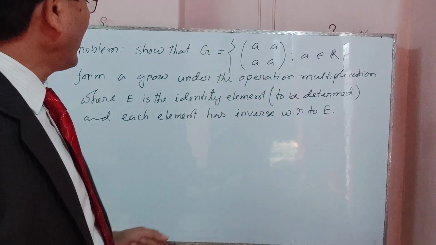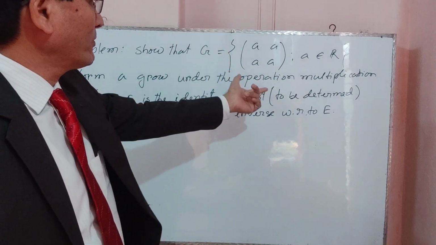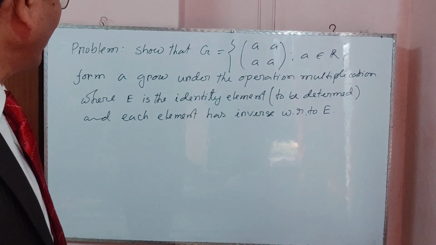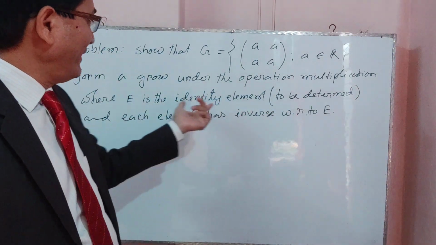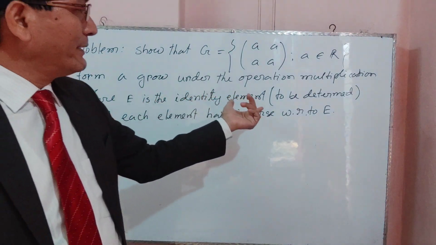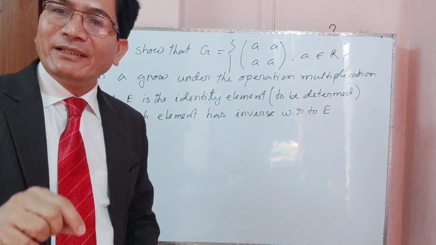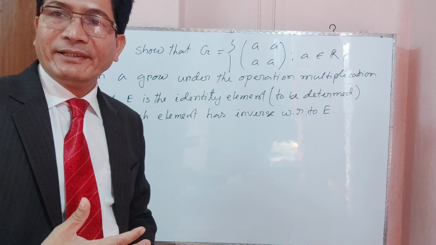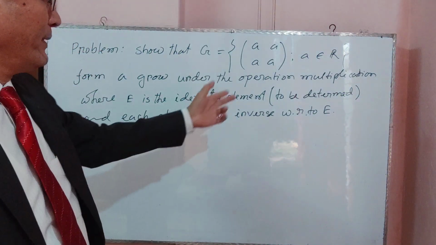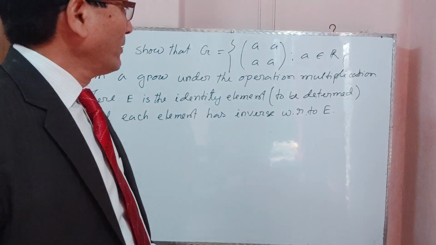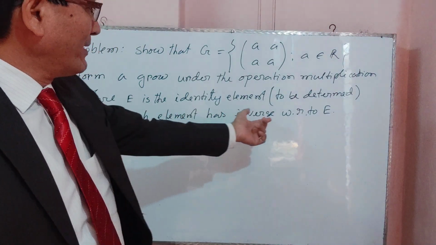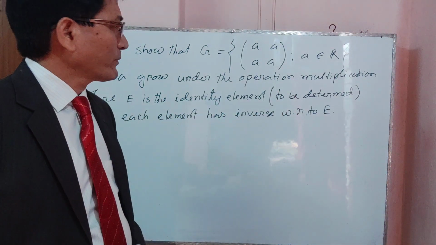So this set will form a group under the operation multiplication, where E is the identity element. Here it is stated that E is the identity element, but we have to determine that identity element, and for every element there will exist an inverse with respect to E.